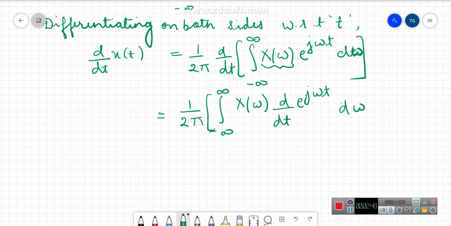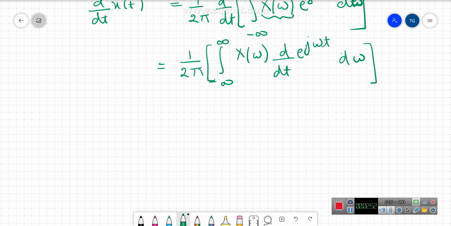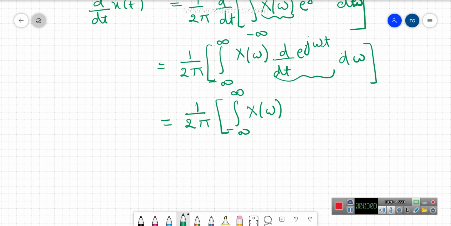So now we can differentiate this function with respect to t. So what we will get? This will be with respect to t, so j omega will come outside, and this is now our e to the power j omega t into d omega.